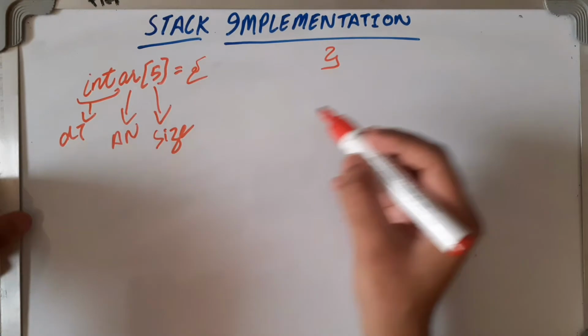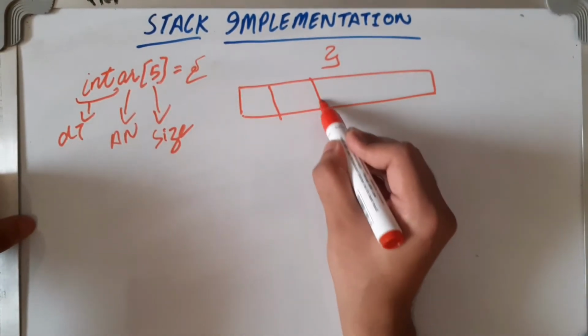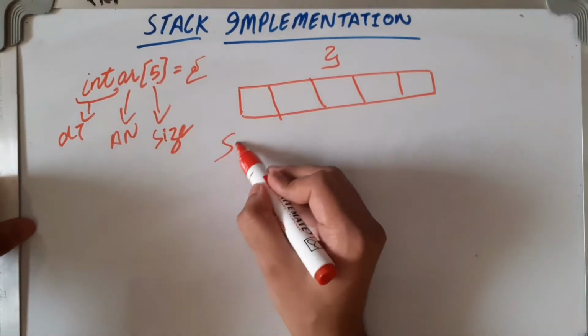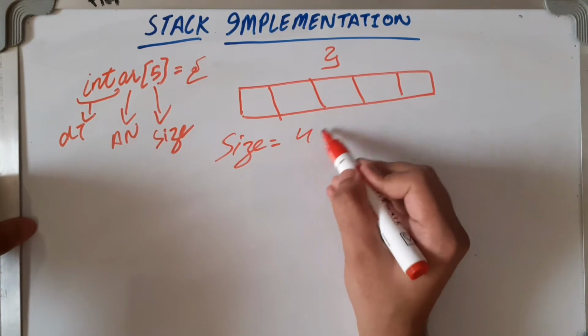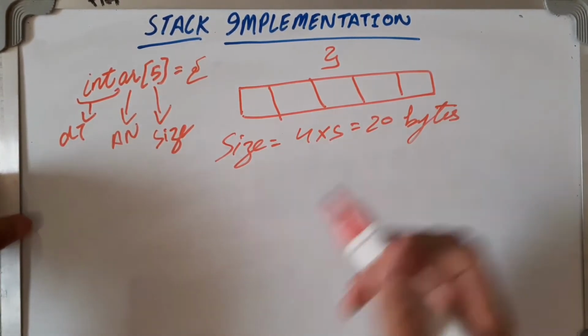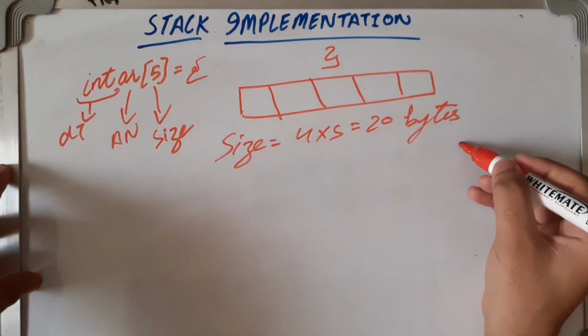Okay guys, now we know how an array allocates memory. Suppose an array of size 5, the size of int is 4, so 4 into 5, it's 20 bytes. But in case of a stack it is like this.